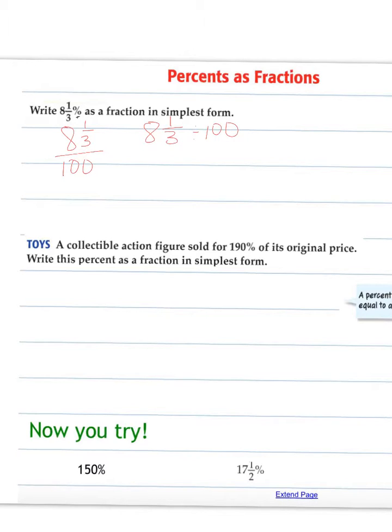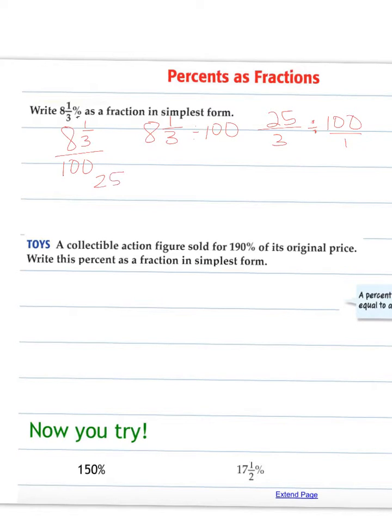8 1/3, let's write it as an improper fraction. 3 times 8 is 24, plus 1 is 25. So 25 over 3 divided by 100. Now, any whole number can be written as a fraction over 1. And now whenever we do division, keep, change, flip.